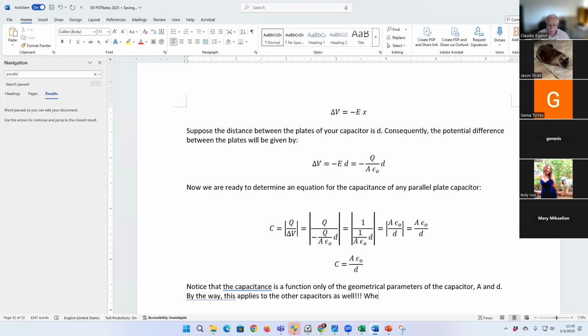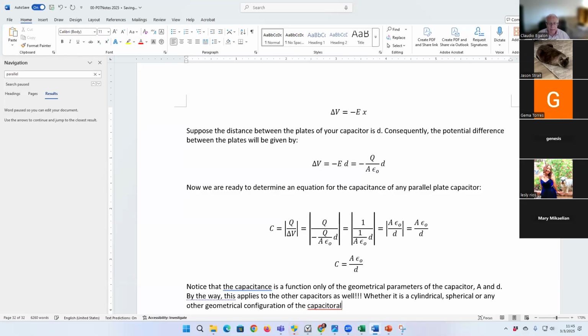Whether it is a cylindrical, spherical, or any other geometric configuration of the capacitor.